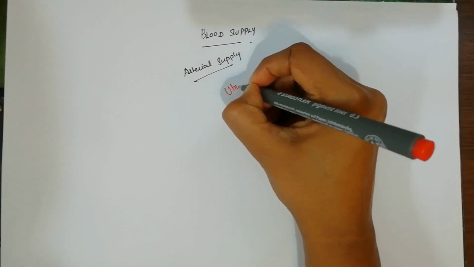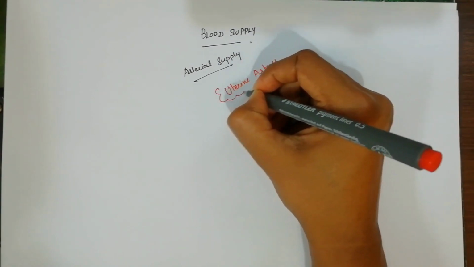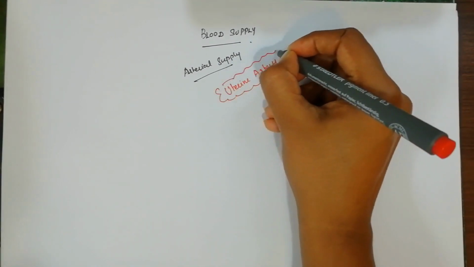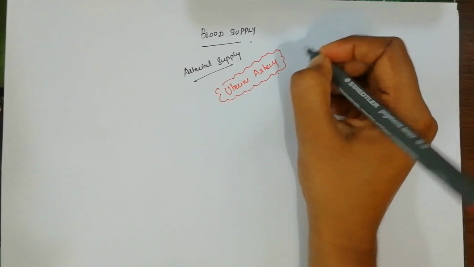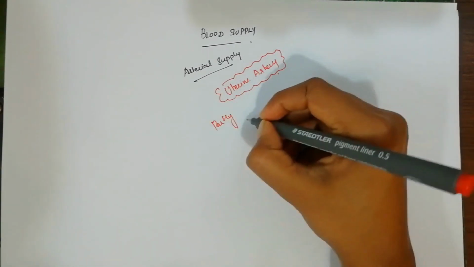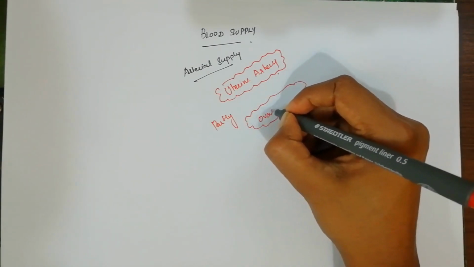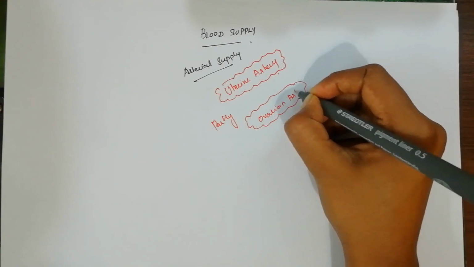The uterine artery is going to supply the major part of the uterus, and partly the uterus is supplied by another artery present nearby, that is the ovarian artery.